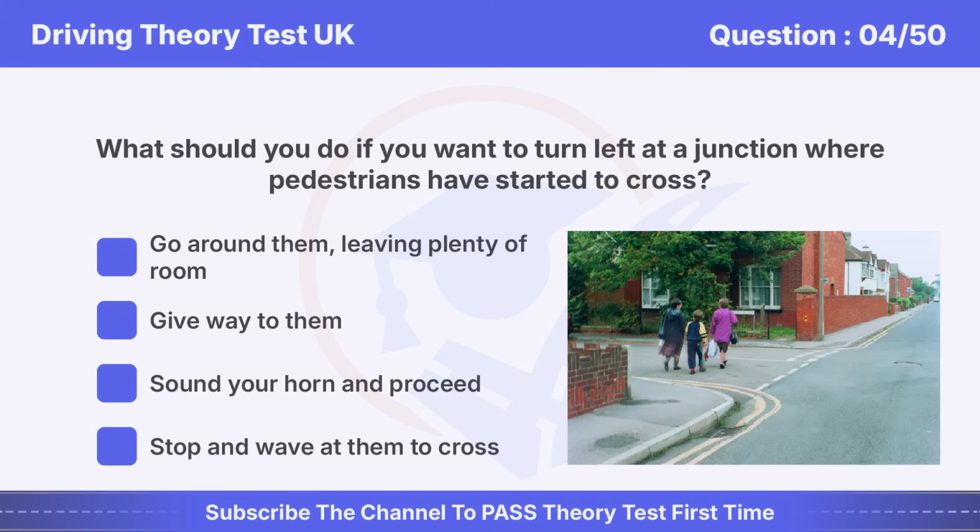Question 4. What should you do if you want to turn left at a junction where pedestrians have started to cross? Answer is B. Give way to them.